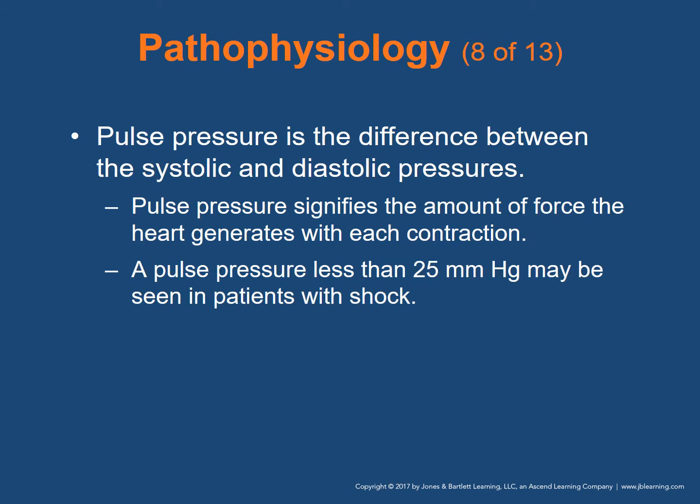Now, we also need to understand that the pulse pressure exists, and we don't measure this specifically, but it is that difference between the systolic and the diastolic. And a pulse pressure less than 25 millimeters of mercury may be seen in patients with shock.